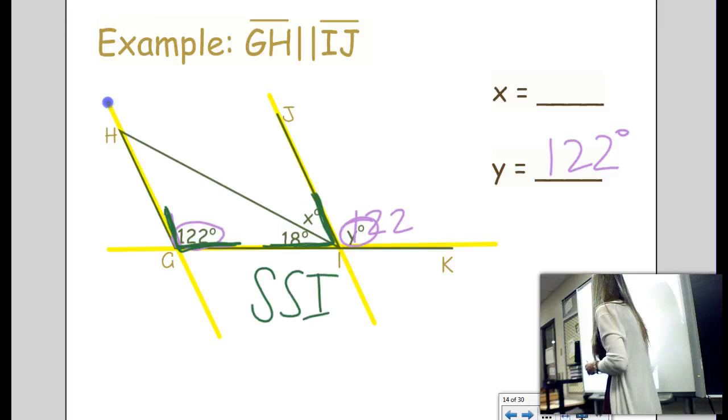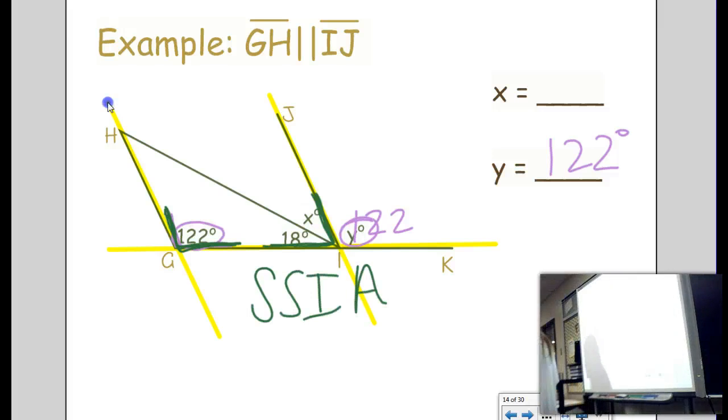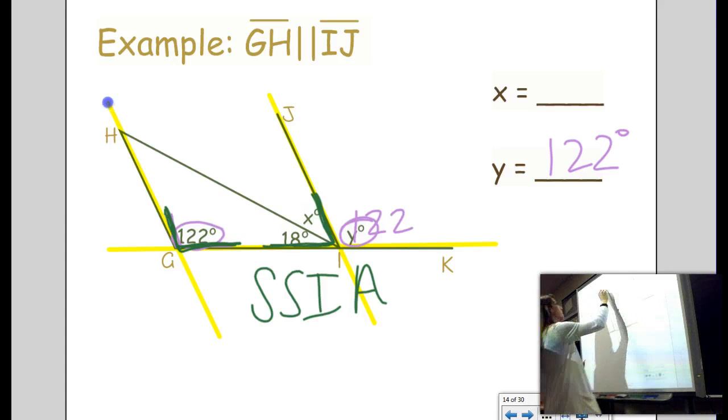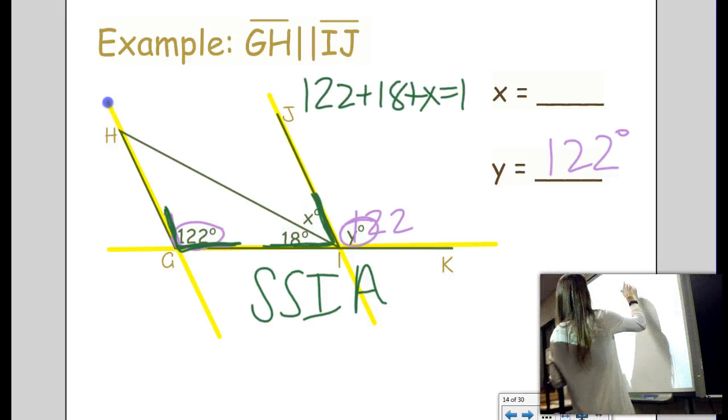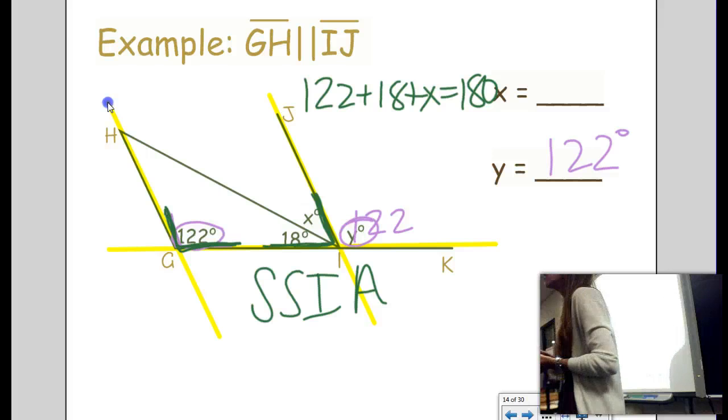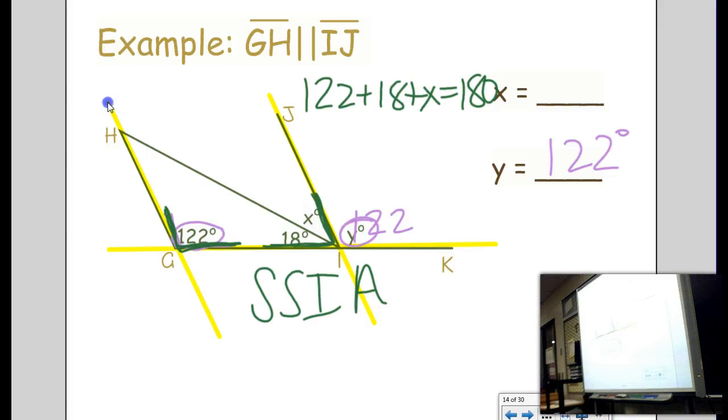Same side interior angles. Does that start with an S? Yes, it does. So what are they? Supplementary. So I know that those two angles, 122 and then 18 and X, because they're an angle together, equal 180. So you just go to your calculator and you do 180 minus 122 minus 18.